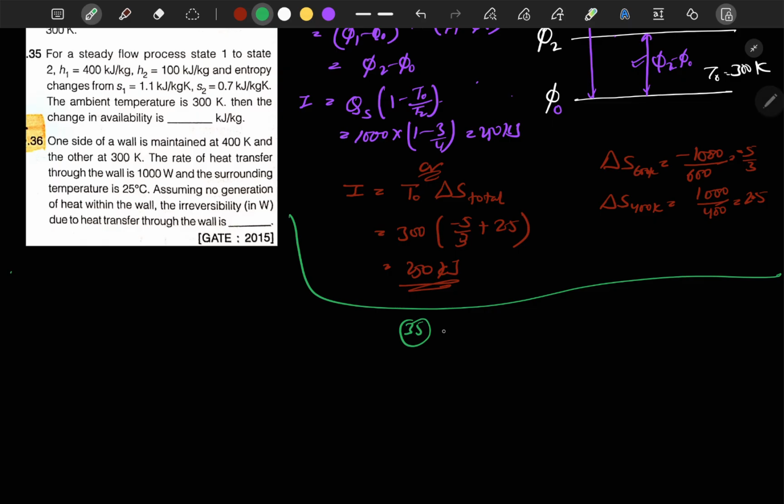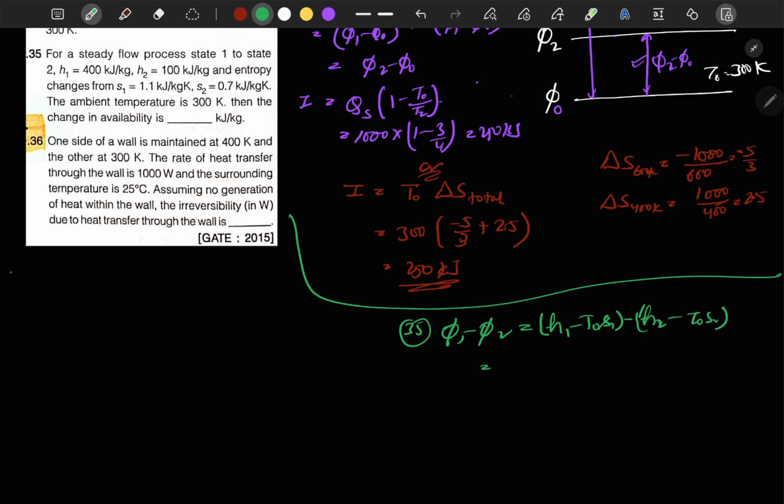Okay, so we know that change in availability can be found using the exergy function. So you can directly write it as h1 minus T naught s1 minus h2 minus T naught s2.